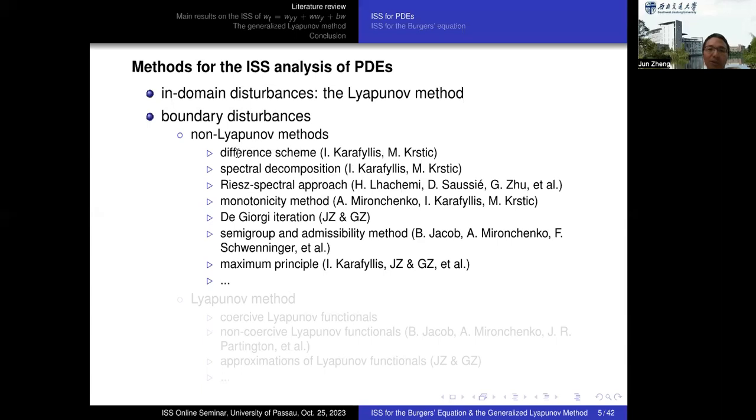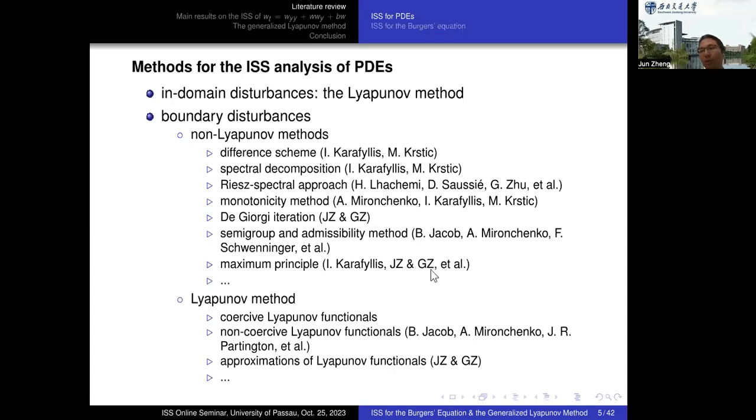For example, these methods can be applied to linear PDEs, and these methods can be used for nonlinear PDEs. But in some cases, the Lyapunov method is still suitable for the stability analysis.